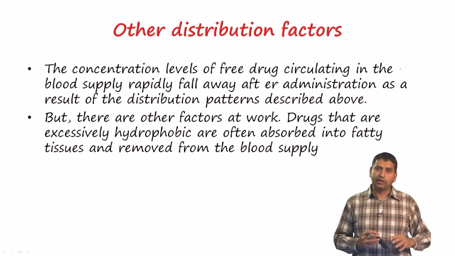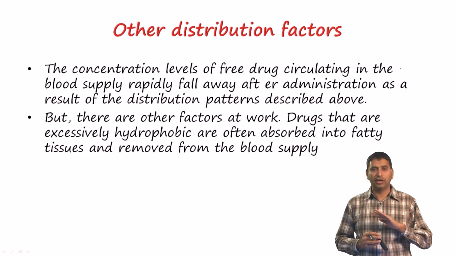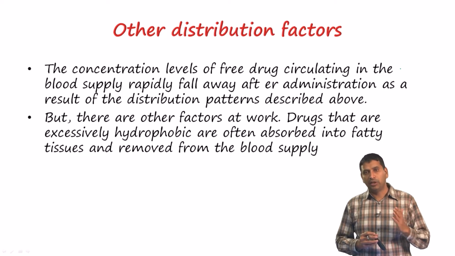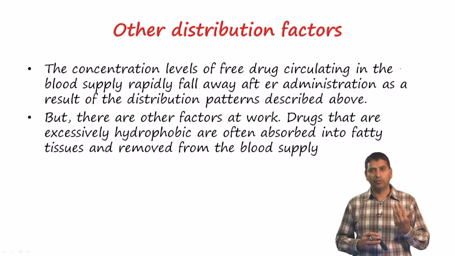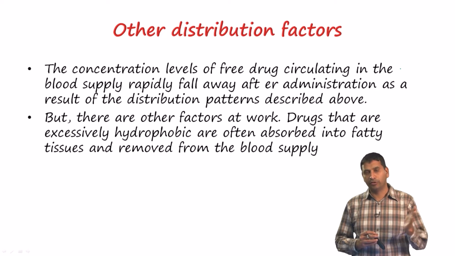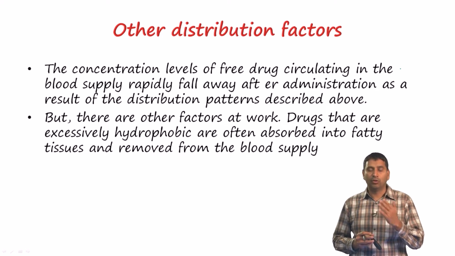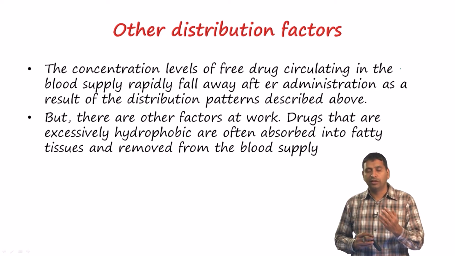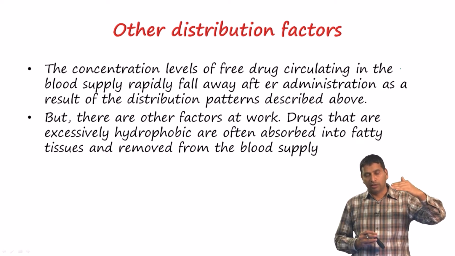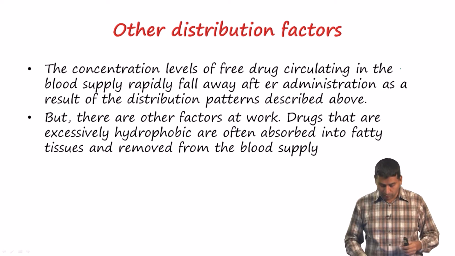There are other factors that are important. The concentration of the free drug circulating in the blood supply rapidly falls away after administration as a result of the distribution patterns described above. Once you administer the drug, the concentration of the drug in the blood goes up.